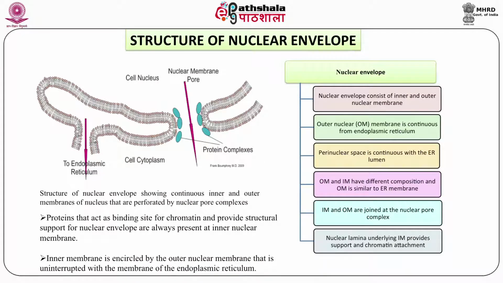Continuous bidirectional trafficking of biomolecules occurs between the nucleus and the cytoplasm. Nuclear proteins like histones, gene regulatory proteins, and replication and transcription enzymes are specifically imported into the nucleus from the cytoplasm. Simultaneously, tRNA, mRNA, and rRNA have to be exported to the cytoplasm from the nucleus.